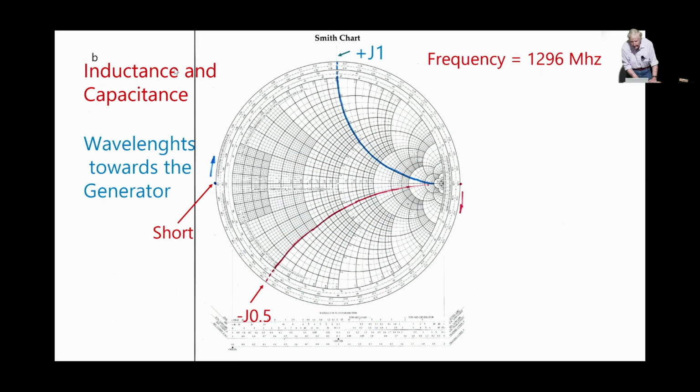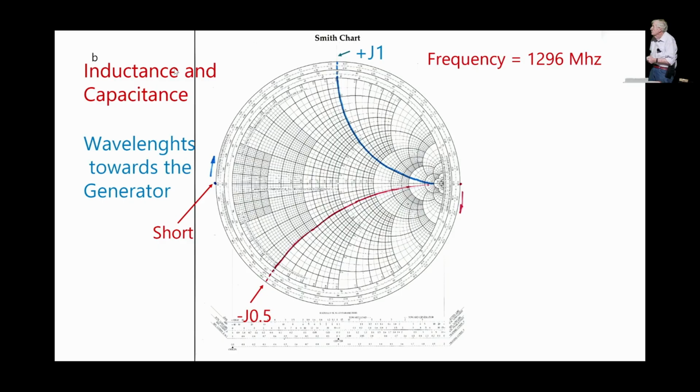So yeah, this is an example of a couple of impedances or reactances. Seem to be blinking. And you'll see on the Smith chart, there's a direction that's towards the generator. That means that, in effect, you're standing at the load and you're looking towards the transmitter.